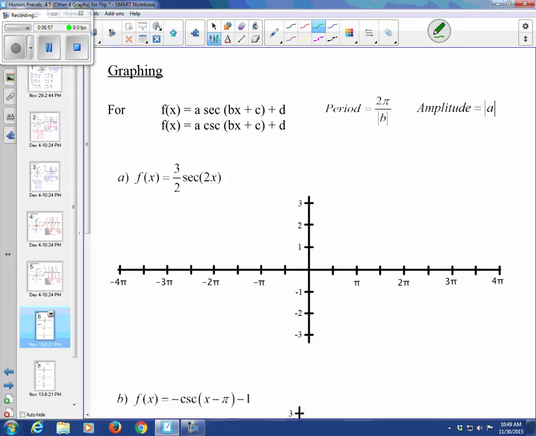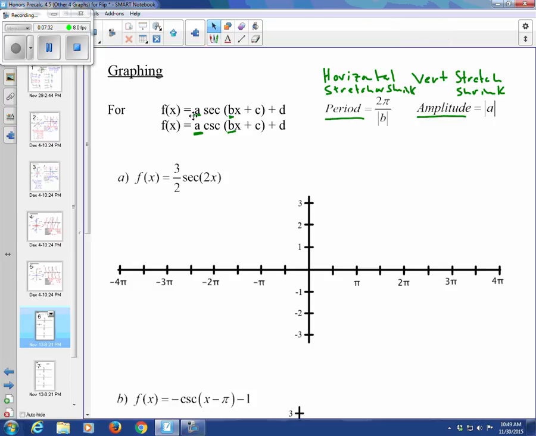A multiplication outside the trig function is going to affect the amplitude, and that's a vertical stretch or shrink. And a multiplication inside the trig function is going to affect our period, and that's a horizontal stretch or shrink.